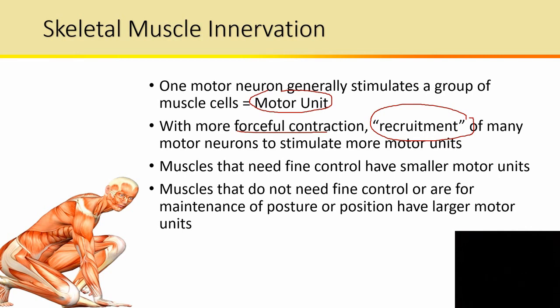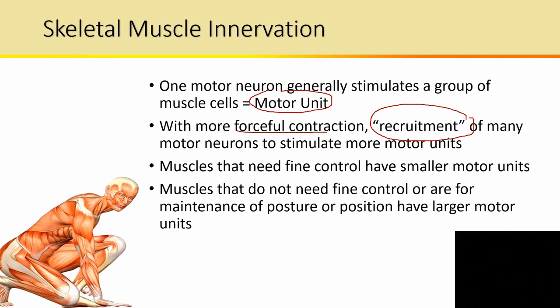Each individual motor unit is what we call an all or none phenomenon. Once that signal gets down to a motor unit, it's going to stimulate that sarcomere. But the more motor units that I activate, by more motor nerves, that's what we call recruitment. So more sarcomeres are contracting because more motor units are being activated.